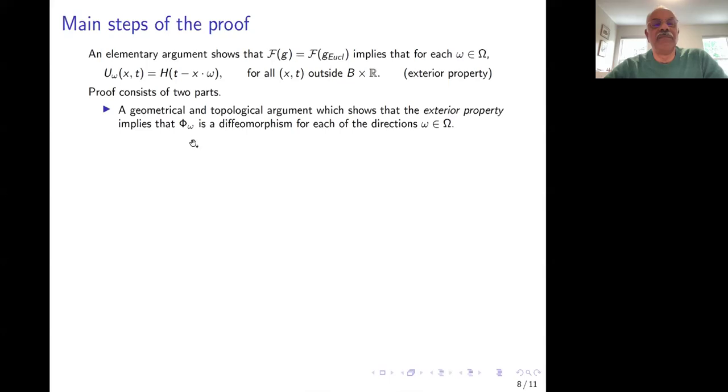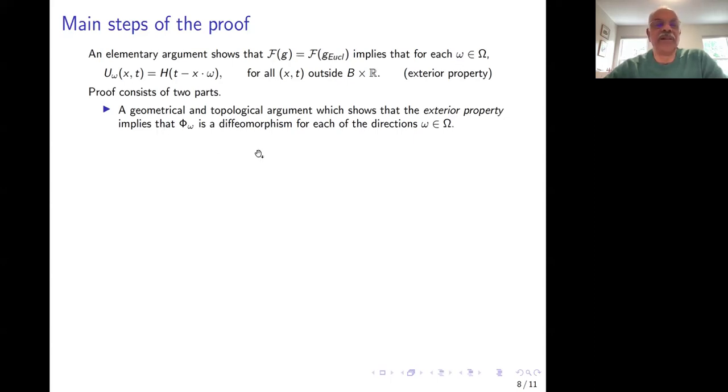Okay, so this is, if you like, the unusual part, that we show that the diffeomorphism property follows from the data being equal, from the data. So U omega equals h(t minus x dot omega) outside the cylinder implies that phi sub omega is a diffeomorphism. So what is happening outside the cylinder allows us to say something about the geometry inside the cylinder.